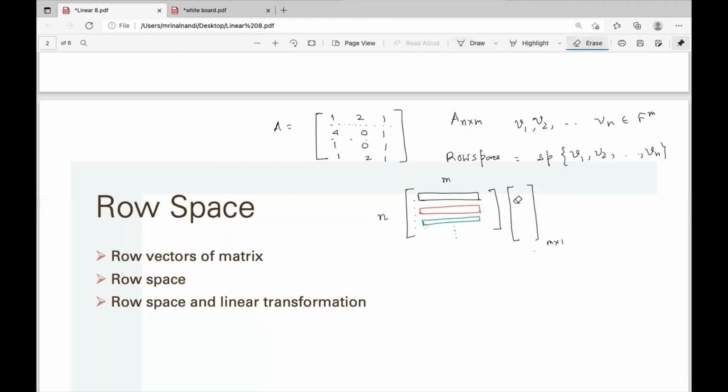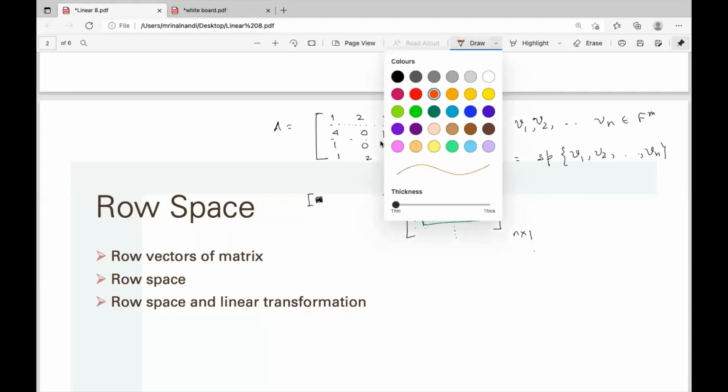You have to pre-multiply by a 1 cross n, so it's an element of Fn, not Fm.